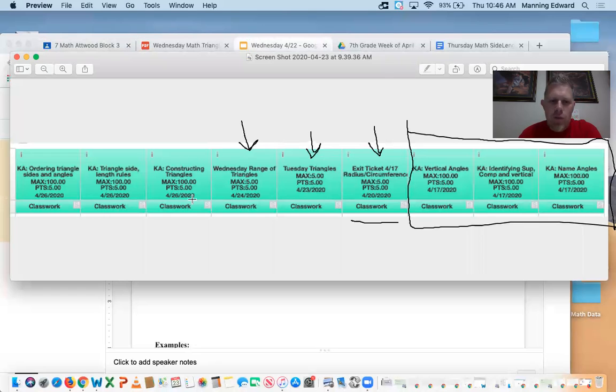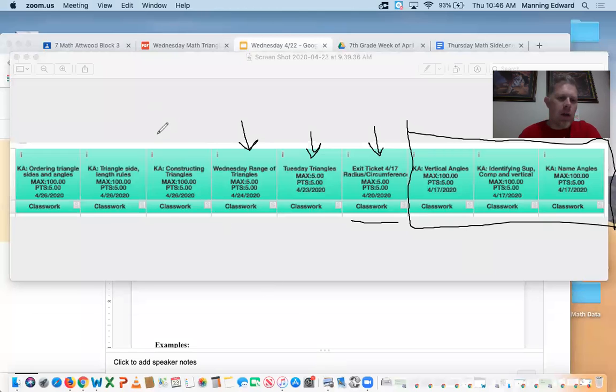So 5 points. And then I put up some more Khan Academy, whether you love it or hate it. I got construction triangles, triangle side length rules, and ordering triangle sides and angles. This is all due by the 26th, which I believe is Sunday night.